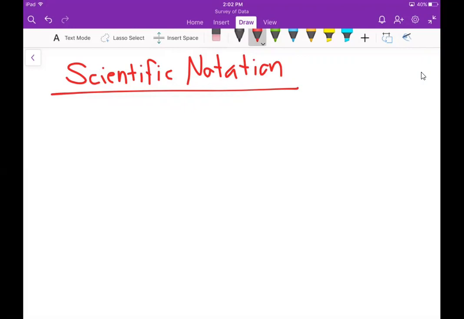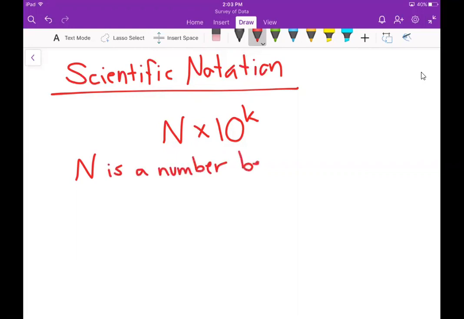So the way scientific notation looks is to always have a number times a power of 10. So 10 to an exponent. Very specifically here, that number in scientific notation is always a number between 1 and 10.